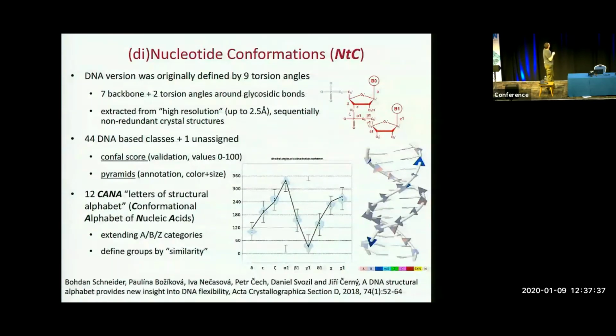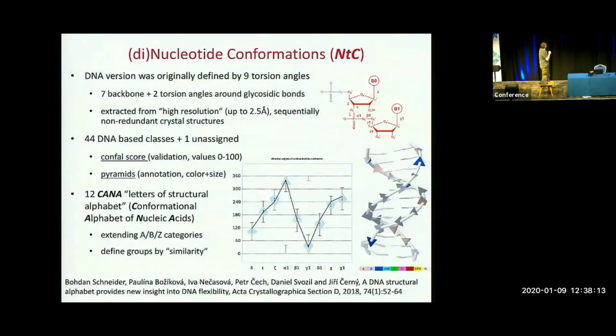One we call conf, which is a value between 0 and 100. 100 means perfect fit, 0 means outlier. It's designed as a value of a Gaussian function, which would kind of cover the boundaries on each torsion. The scale from 0 to 100 is just because you can then easily visualize it in Bimol or whatever.